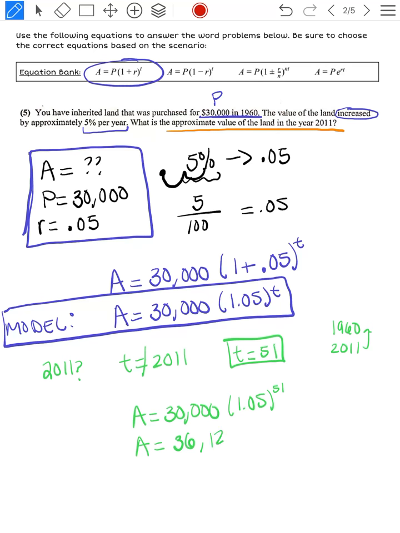Sorry, not 36,000, my bad. And because we're doing money, we can just do 2 decimal places. If you put about $361,223, that would be fine too, because it does say approximate. Okay, moving on to the next one.